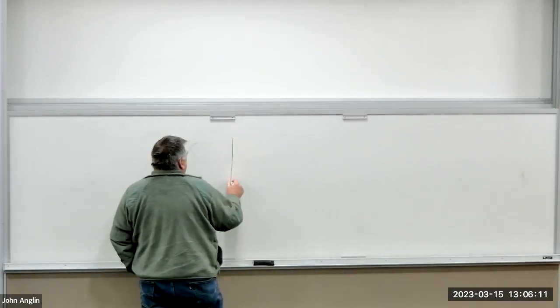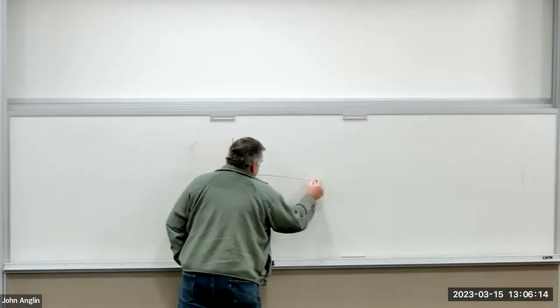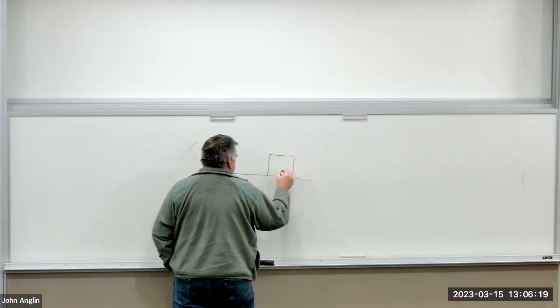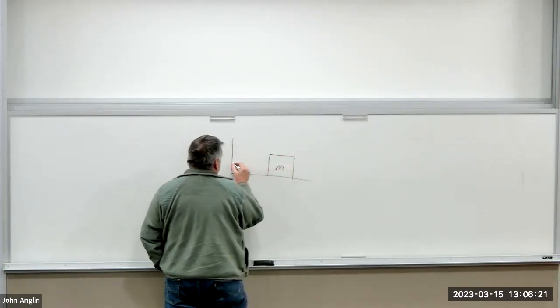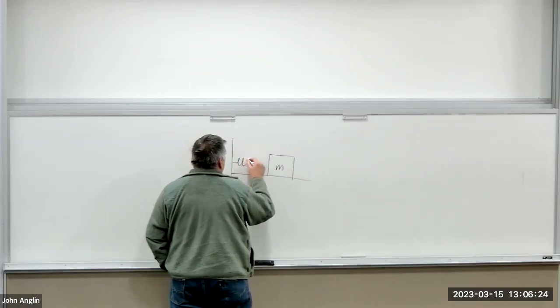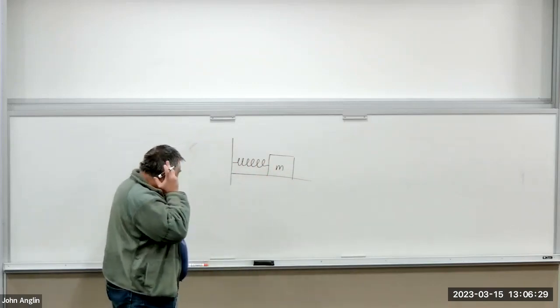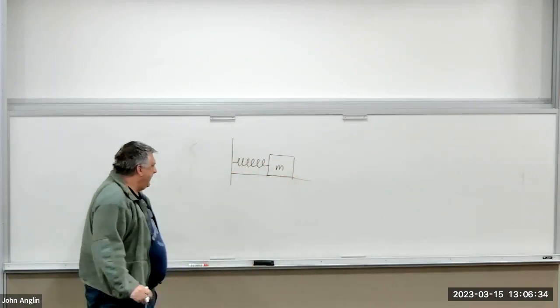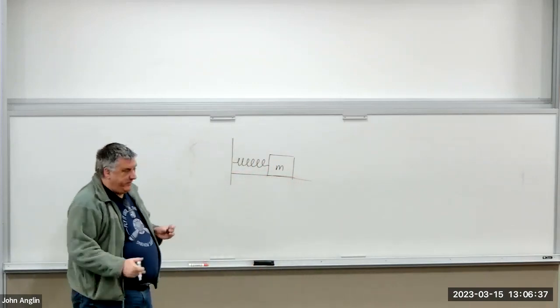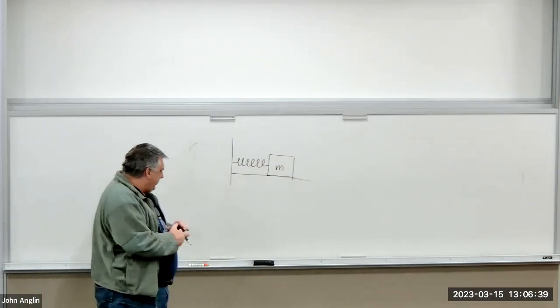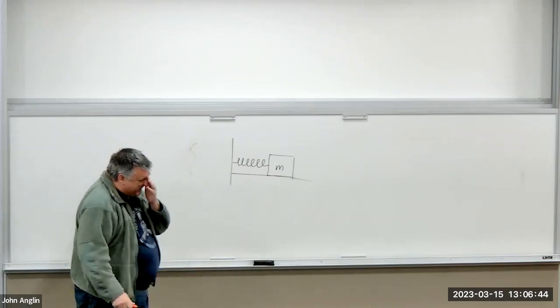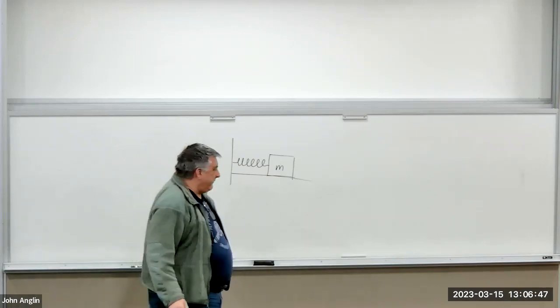So if I create some system here, let's say that I have some mass here, some block of mass M, and it's attached to a spring. Let's take a few minutes and let's draw out some forces in a free body diagram here.